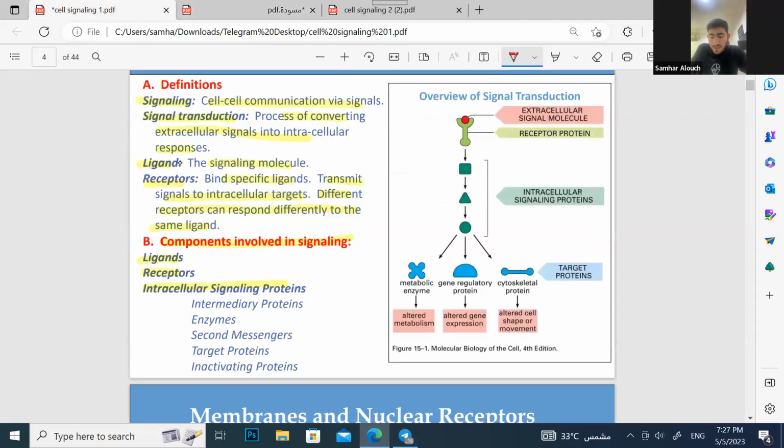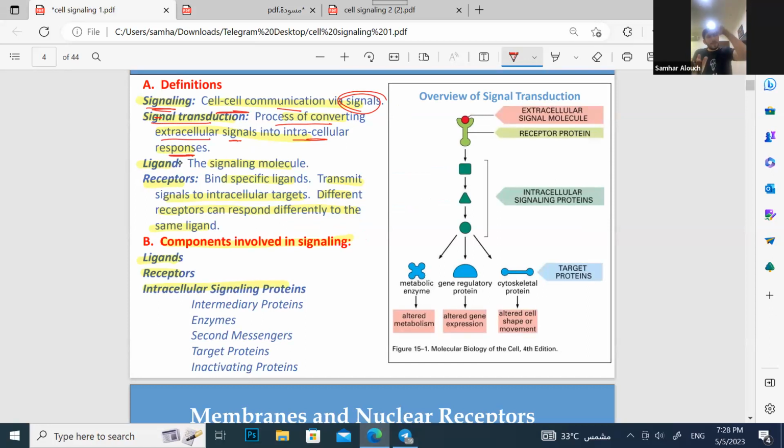So first, signaling is cell-cell communication. Cell-cell communication happens through signaling, which is a molecule binding to the receptor and the receptor opening, allowing ions to enter, or we have something called an internal signaling pathway. So, signal transduction is the process of converting extracellular signal into intracellular response.